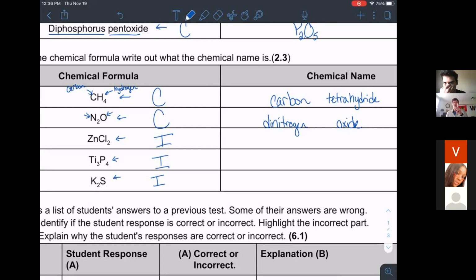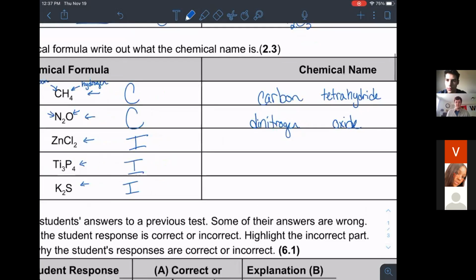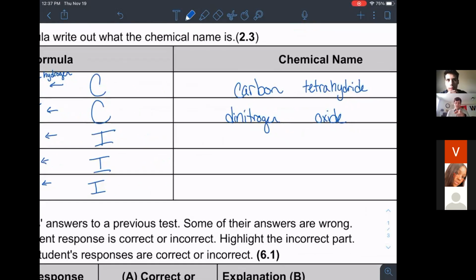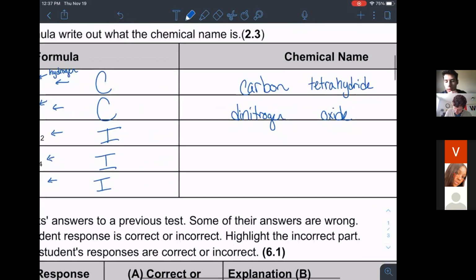Anybody remember the prefix for 1? Mono. So we're going to add the MON. There's already an O, so we don't have to put 2 O's next to each other. So we have dinitrogen monoxide.